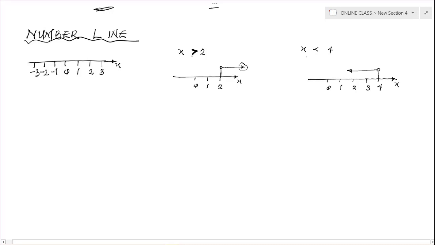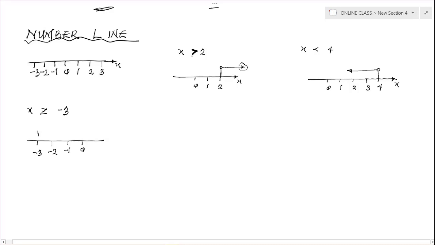Are you there? Yes. Now let's say we have x is greater than or equal to -3. Draw a line like this. Our 0 is here because the negative sign will be at the left side. -2, then -3.